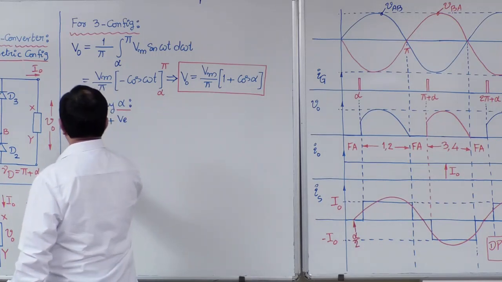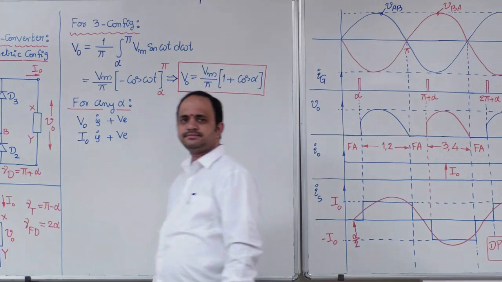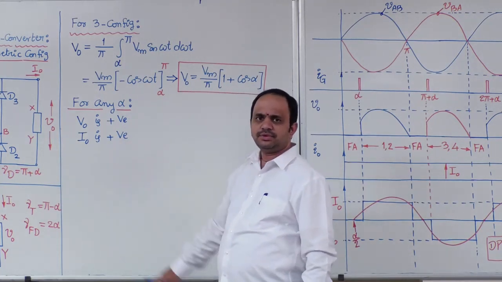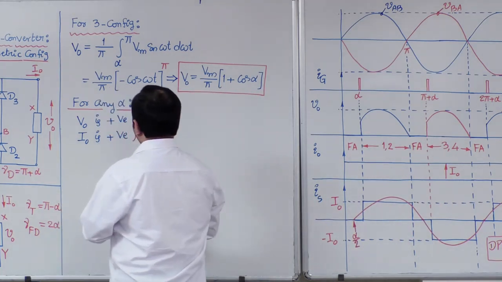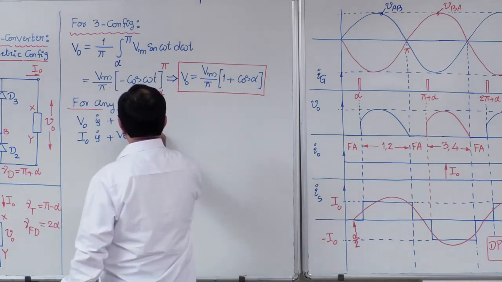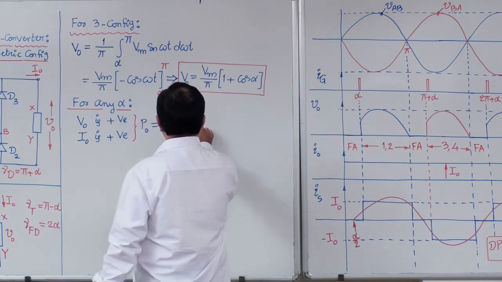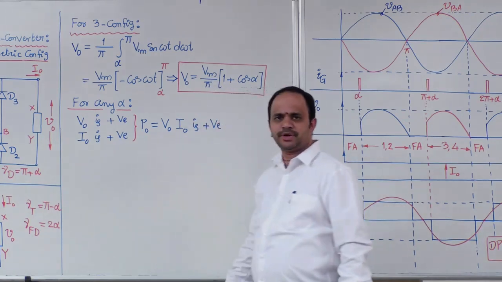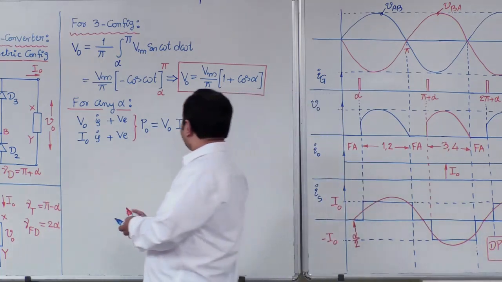Due to the unidirectional property of the devices, the average output current is also positive. So, by using these two conclusions, we can say the product V0 into I0 is positive. What do you mean by that?